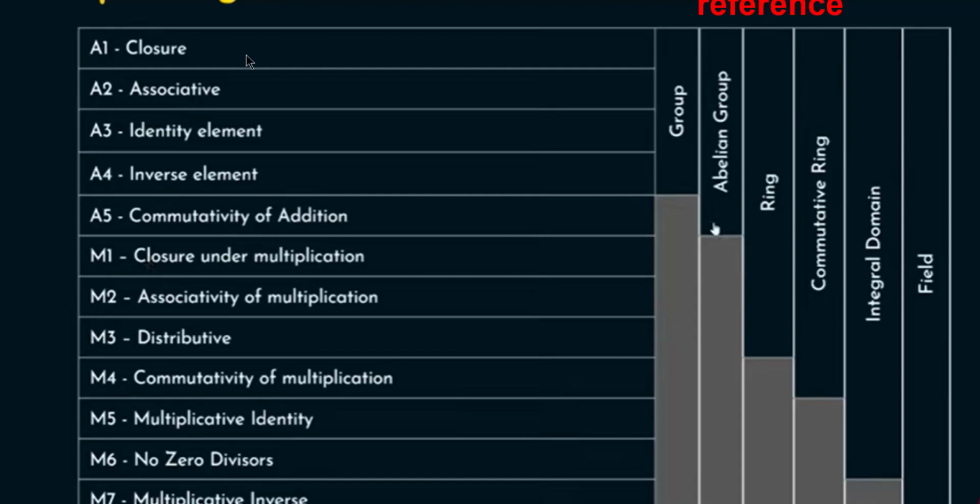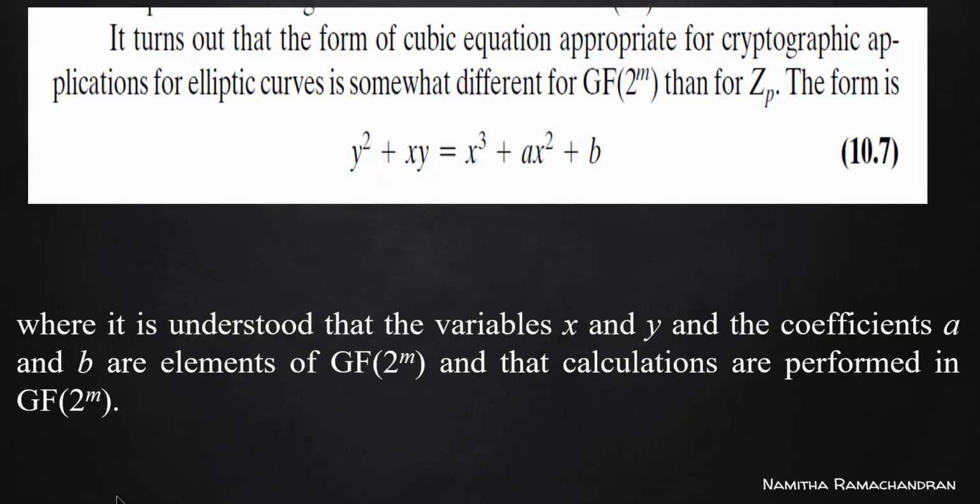The first five properties, A1 to A5, are defined for addition, and the rest, M1 to M7, are defined for the multiplication operation. Any set satisfying all these conditions over addition and multiplication we can call a finite field. Here we are going to define elliptic curve points over this Galois field.